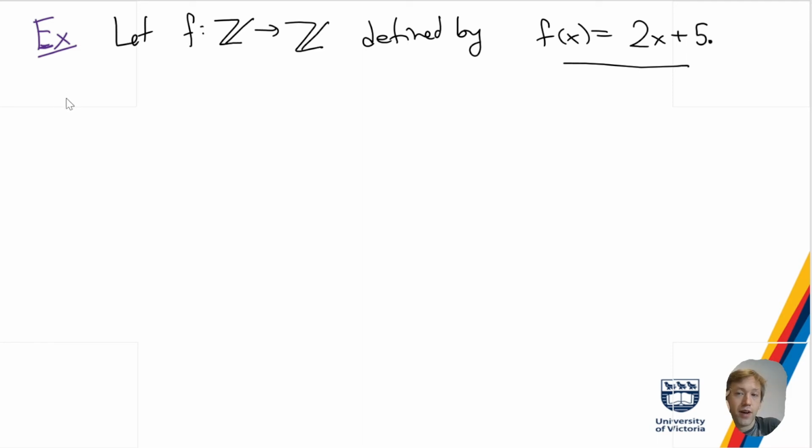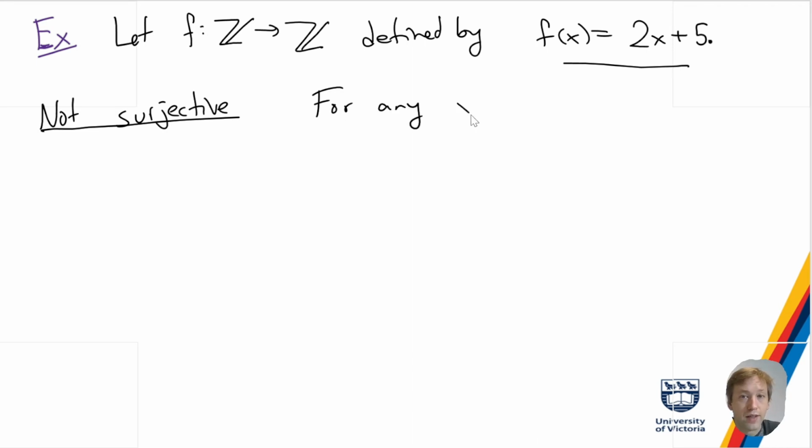The reason is that you can't actually get every integer by applying f to some integer. So it's not the case that every number is in the range of f. A key thing here is that for any x in the integers, if I take f of x, that's going to be 2 times x plus 5.